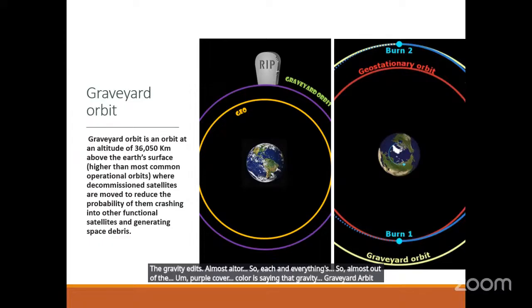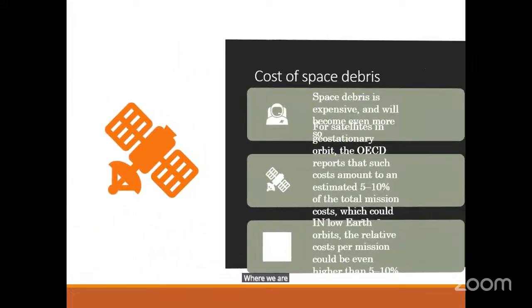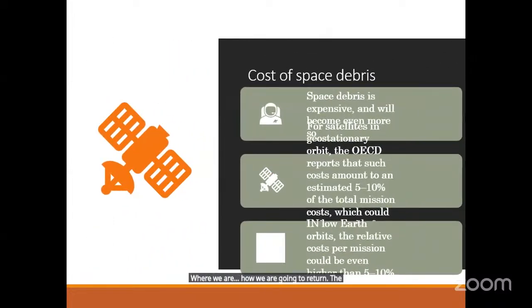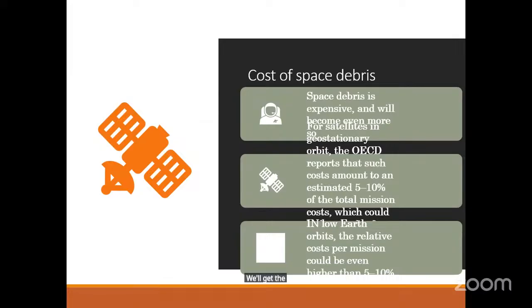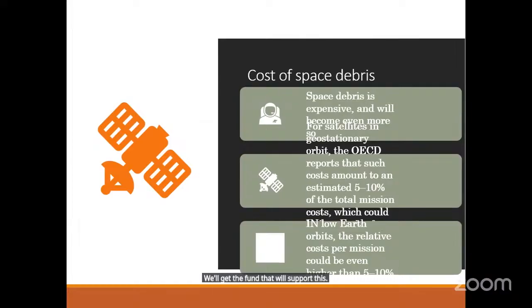I almost told everything. The outer purple region is the graveyard orbit, beyond the geostationary orbit, which is very dangerous. So we have to think about where we are going and how we are going to return. The cost of space debris removal is also very essential, and we have to think about that cost and work it out. Moreover, even removal of small debris will get funding that will support the government.